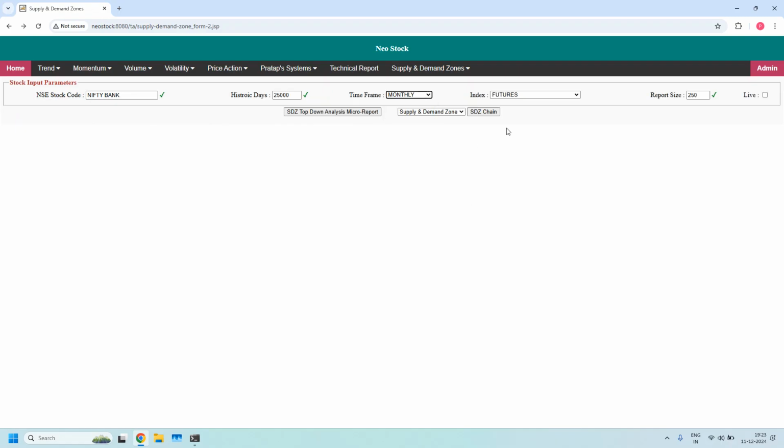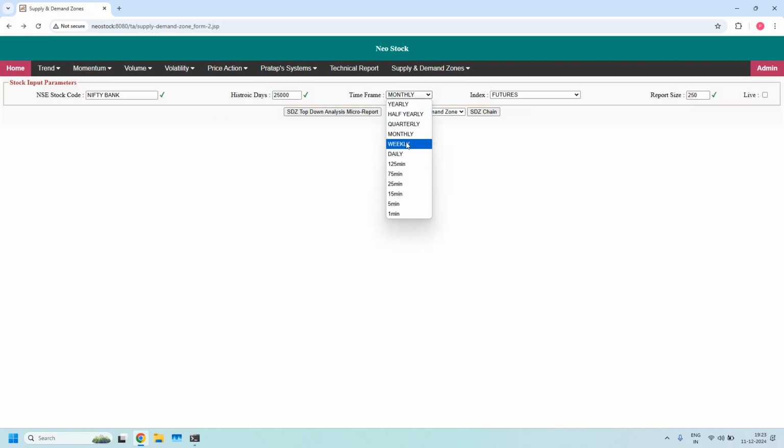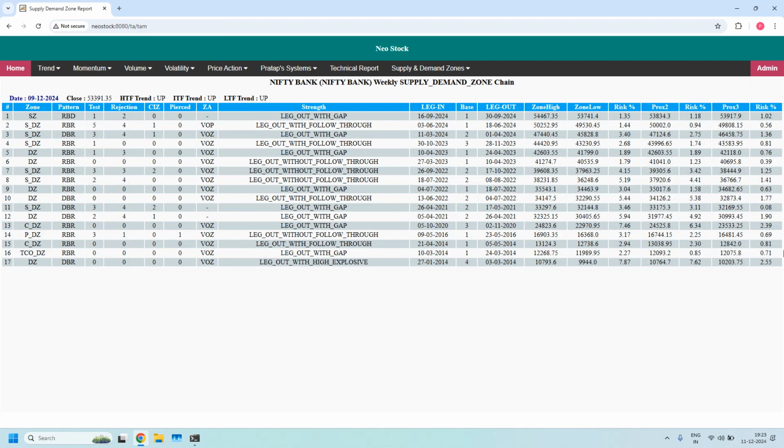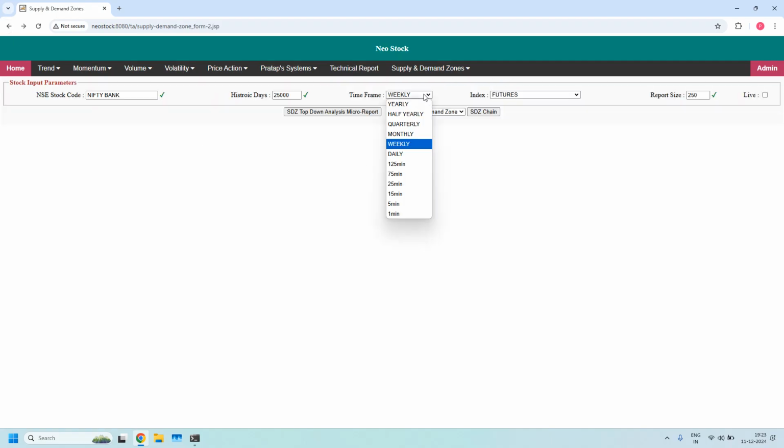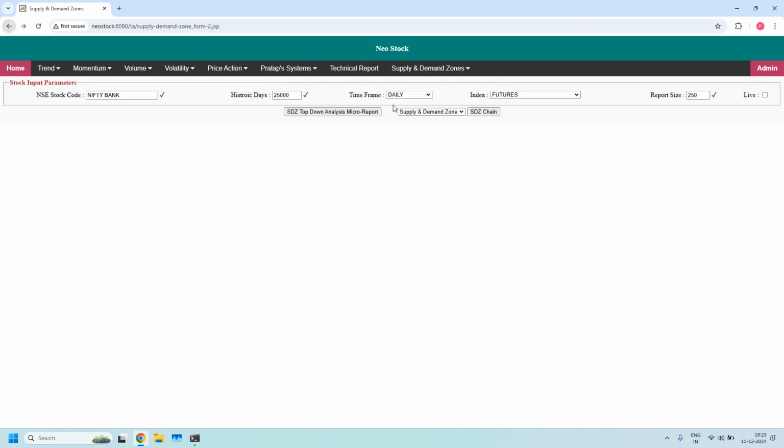Generating monthly supply demand zone chain for bank nifty. Next, weekly supply demand zone chain for bank nifty. Next, daily supply demand zone chain for bank nifty. Next, 125-minute supply demand zone chain for bank nifty.